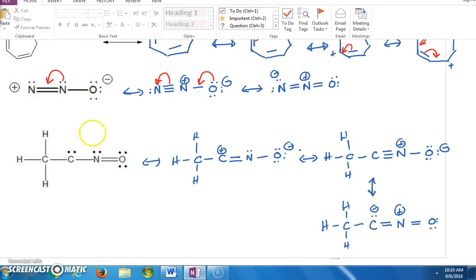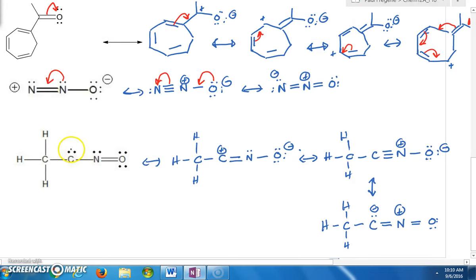Now here, you want to go like this, and like this, and then like that, and then to get to the next one, you want to go like this. That's how you get to this one, and then to get to this one, you go like this and like this, and finally to get back to where you started, all you have to do is move this like this, and you're back to where you started.